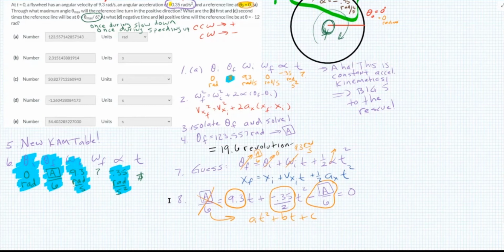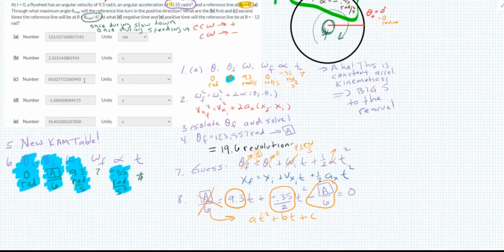Here's my squared term, negative 0.175. My linear term is 9.3. My constant term is negative A over 6, negative 20.59285714.